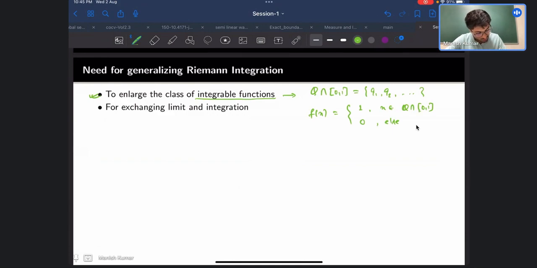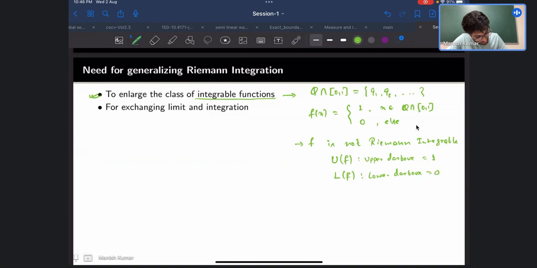Now you already know that this function f is not Riemann integrable, and that is due to the density of rationals in the reals, because when you calculate the upper Darboux sum, which I am denoting by U, U of f, you'll get the value 1, and if you calculate the lower Darboux sum, you'll get the value 0, right? So clearly this is not Riemann integrable.